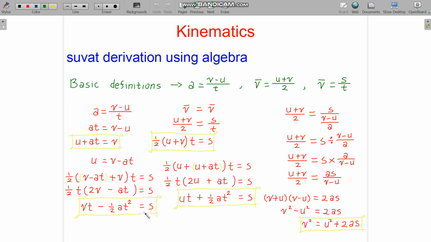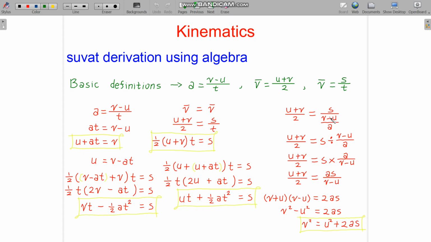And now we know that the average velocity is (u plus v) all over 2, and it's basically from here, but we replace the t with (v minus u) all over a. So from here, t is (v minus u) divided by a.